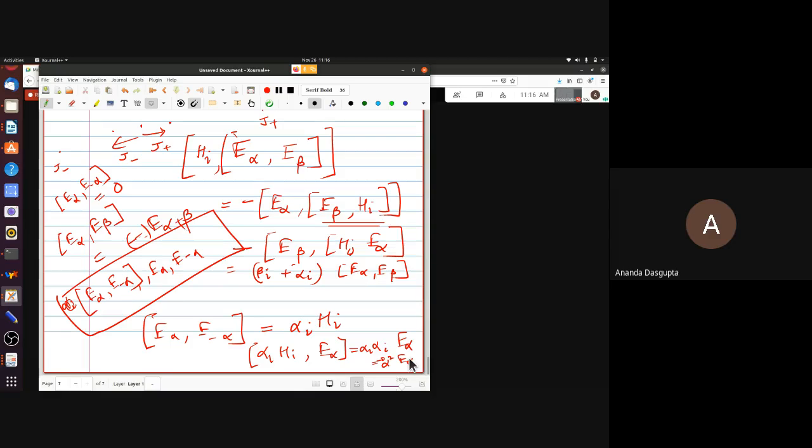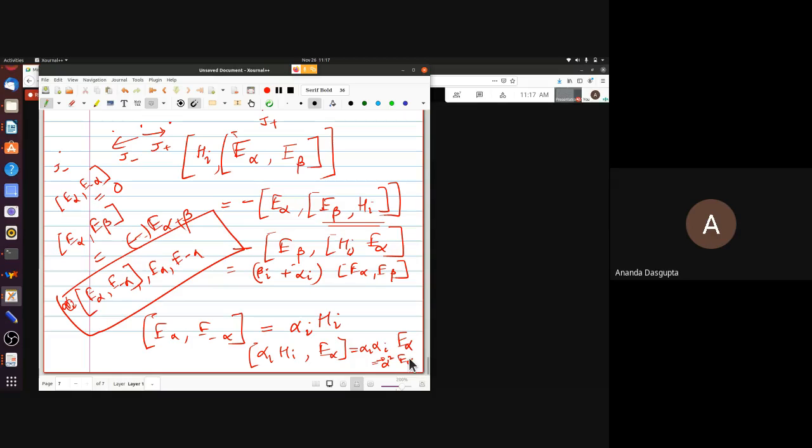So which Lie algebra do you know which has 3 generators and has commutators which close among themselves? There are multiple, but you definitely know one which has 3 generators, right? SU2. SU2. And it so happens, it's pretty easy to show, that by a simple change of scaling, you can make these exactly the same as J3, J plus, J minus, the commutation relations.